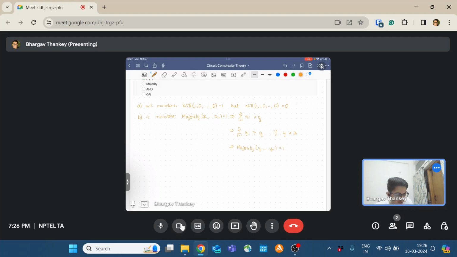So whenever majority of x is 1, majority of y is 1 if y is greater than equals to x, so this is monotone. What about C?